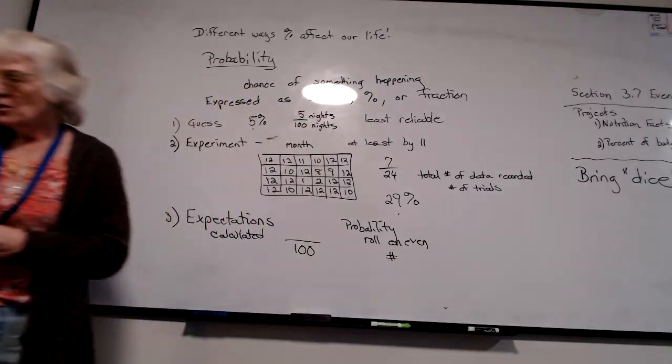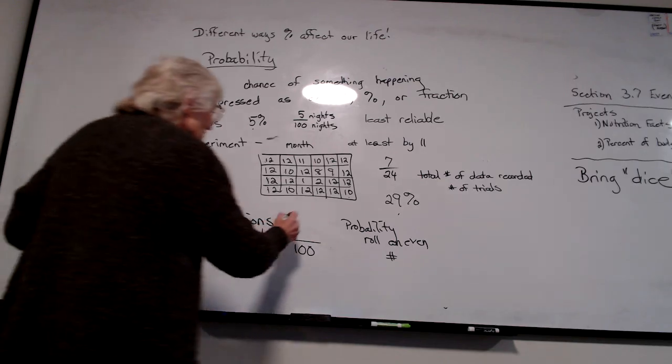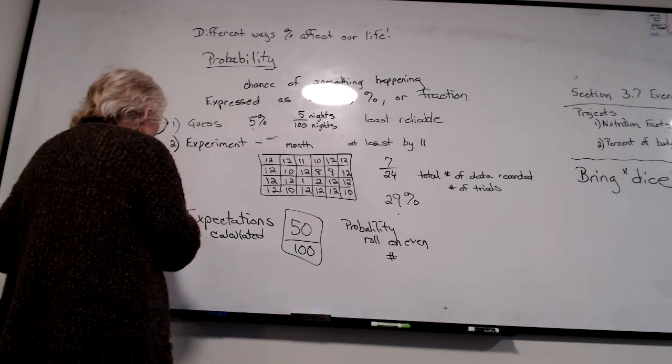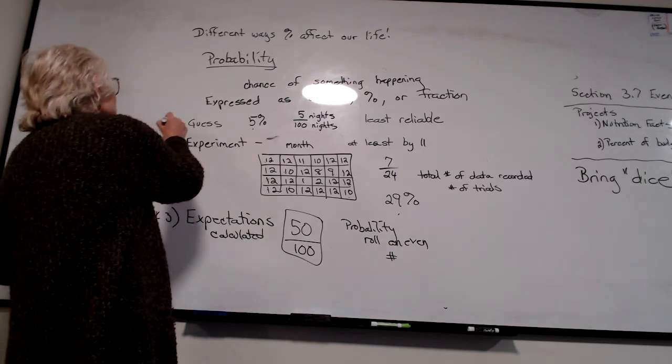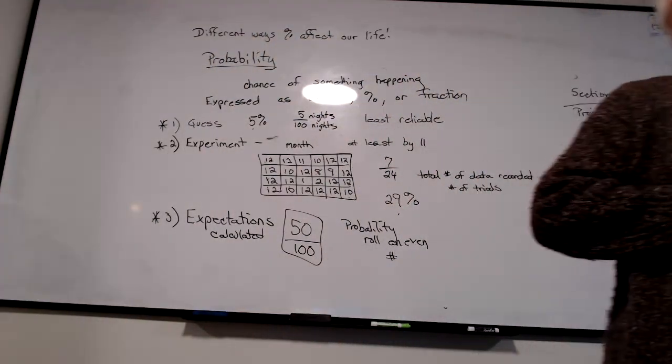What if I rolled it 100 times, how many times would I expect to get an even number? Yes. Was it 50? Yeah, it's 50 because there are 3 even numbers and 3 odds. 3 is half of the time, so we would expect 50. So this calculation is what we expect. This is off an experiment, and this is just totally off of a guess. Okay, so probabilities, that's how they're made.